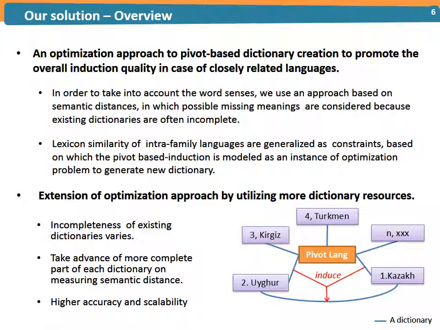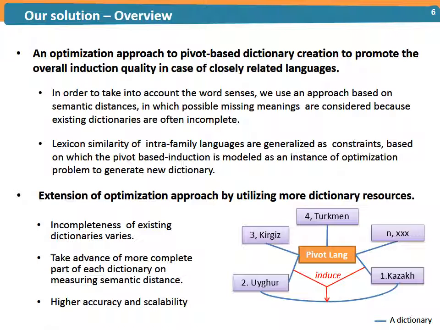And the lexicon similarity of intra-family or closely related languages is generalized as a constraint, based on which the pivot-based induction is modeled as an instance of an optimization problem to generate a new dictionary.